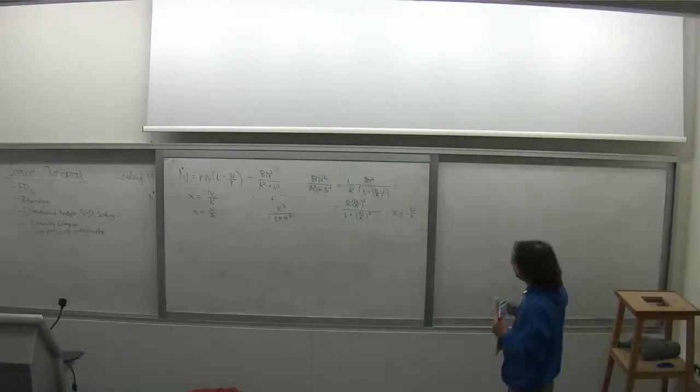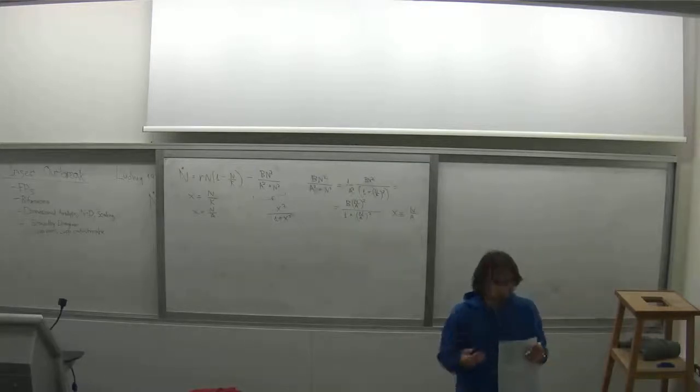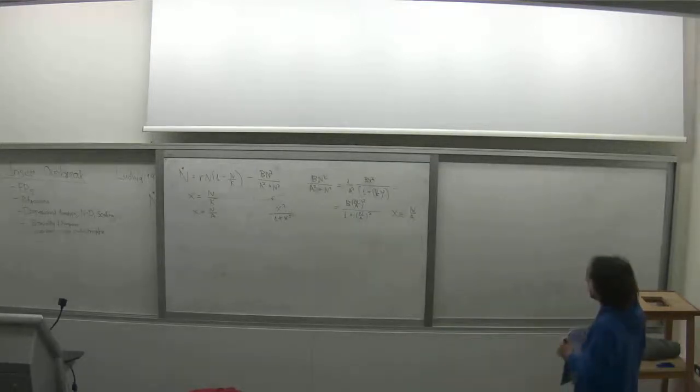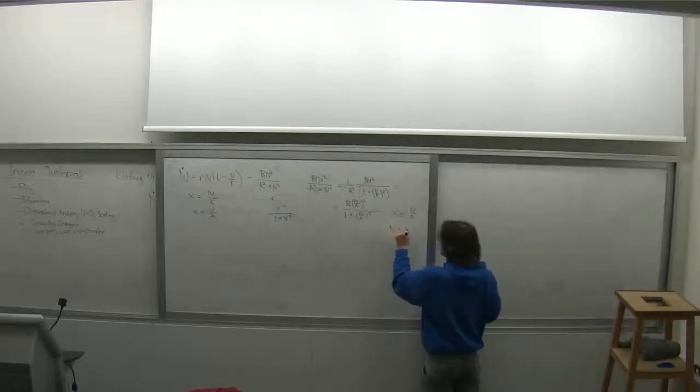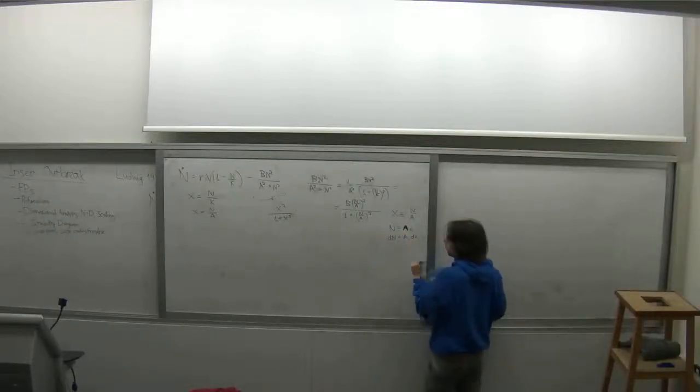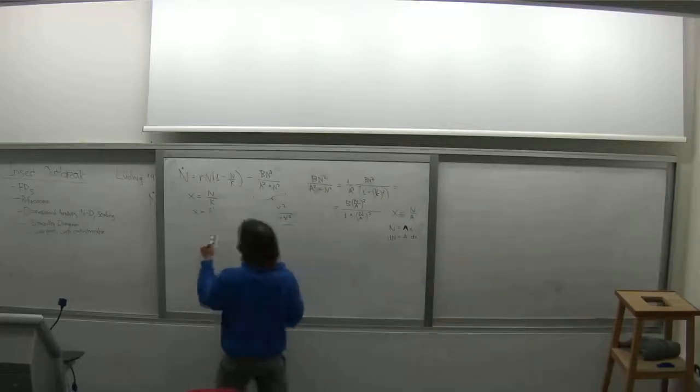I'd like to rewrite the original equation using x. So n equals ax. I can substitute ax for n everywhere, and dn equals a times dx. So I'll write the equation again.